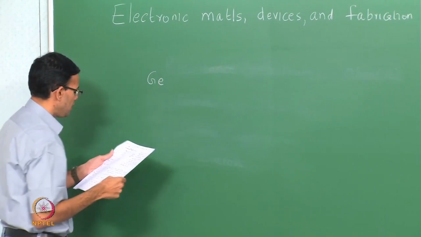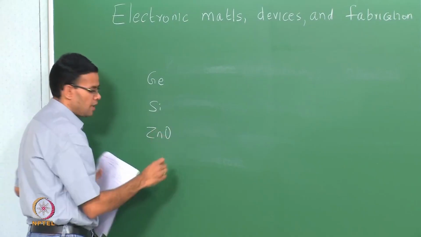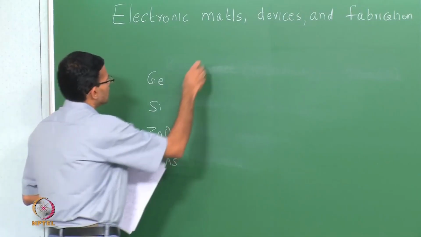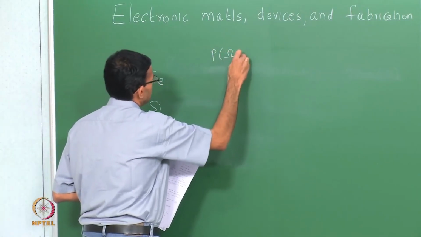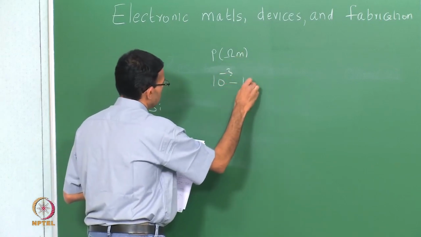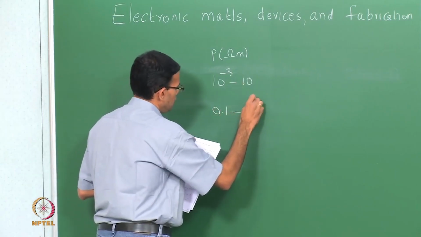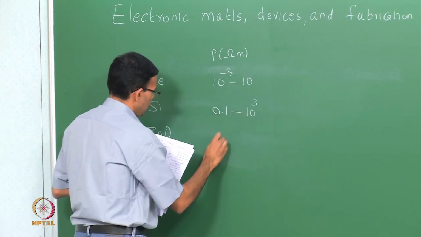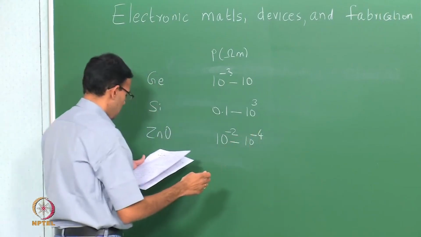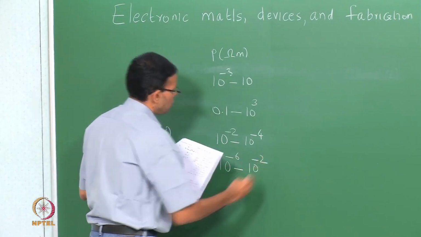Let us next look at semiconductors. Some examples of semiconductors: germanium, silicon, zinc oxide, gallium arsenide. Some of the typical values of resistivity: silicon is around 0.1 to 10 to the 3, zinc oxide is 10 to the minus 2 to minus 4, it's lower, gallium arsenide minus 6 to minus 2.